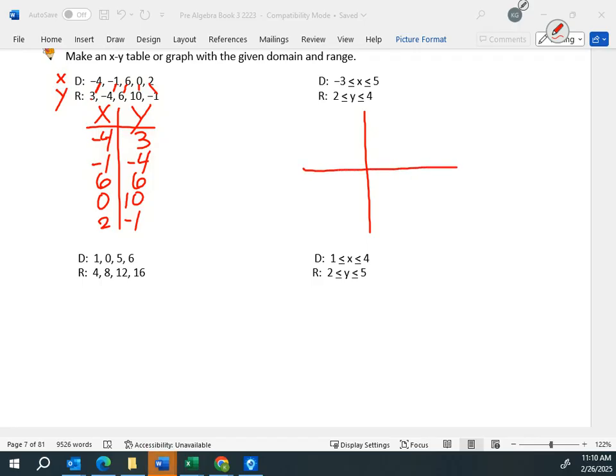So you're going to make your 4 quadrants with that X and Y axis. First thing we want to do is find out what ordered pair we start with. So that segment starts at -3, 2, and it's going to end at 5, 4.